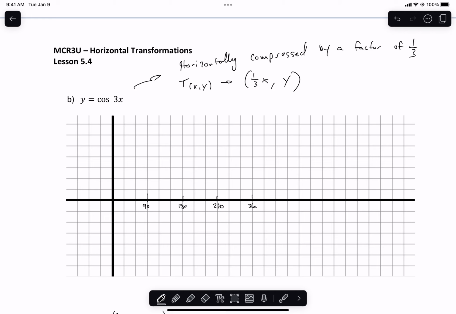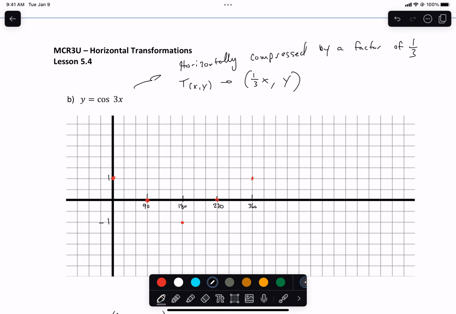I'll draw the original cosine graph, which, for those of us who maybe didn't get that right on the quiz, now's your chance to look at it again. Okay, so the cosine curve, the original cos graph, starts at 0, 1, it's 0 at 90, -1 at 180, 270.